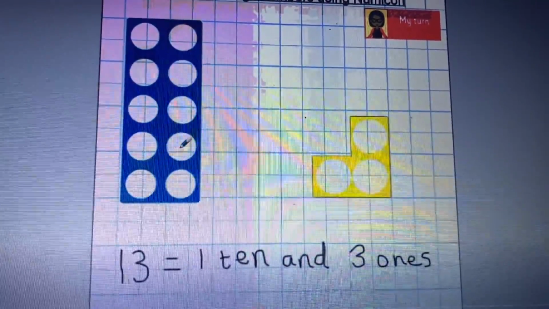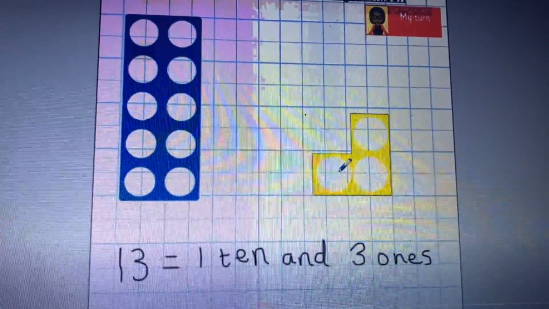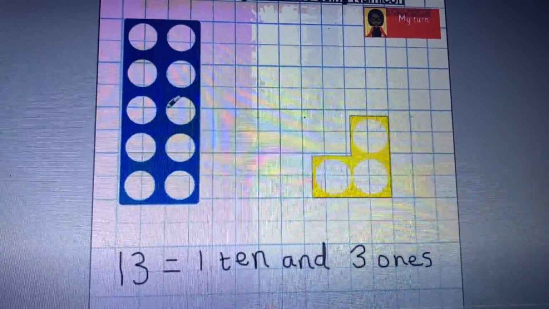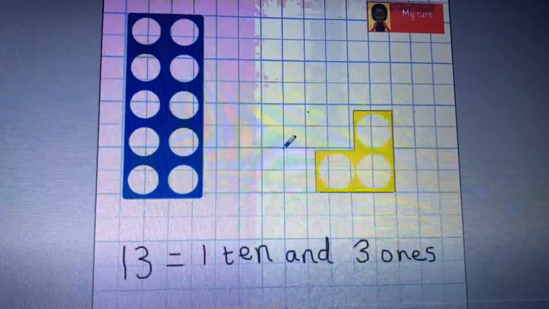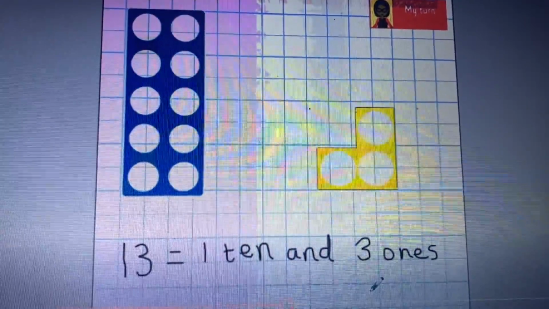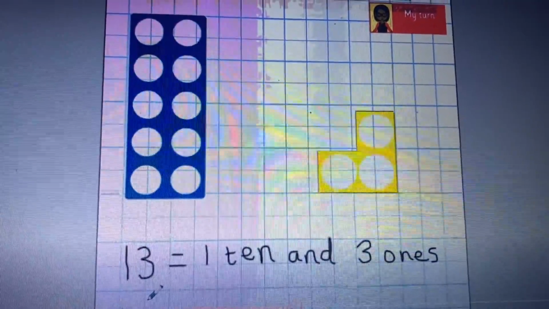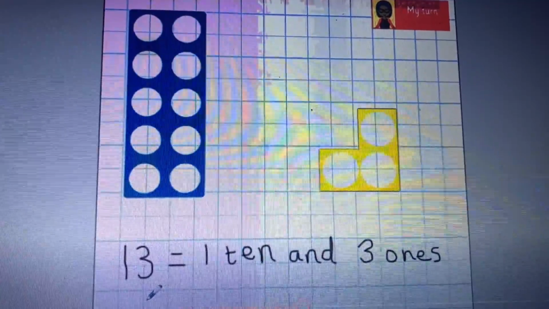I just know it. 10 and 3. So I have 1 ten and 3 ones. So underneath I've written the equation that we're going to be looking at today and writing when it comes to your independent work. Let's have a look together.